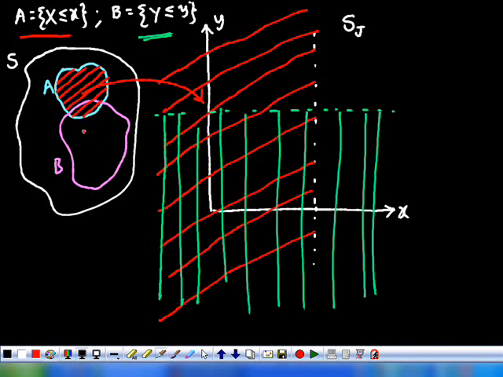That is, this region, event B, is mapped onto these points, the points with these green lines. That is the mapping between this sample space S to the joint sample space Sj.